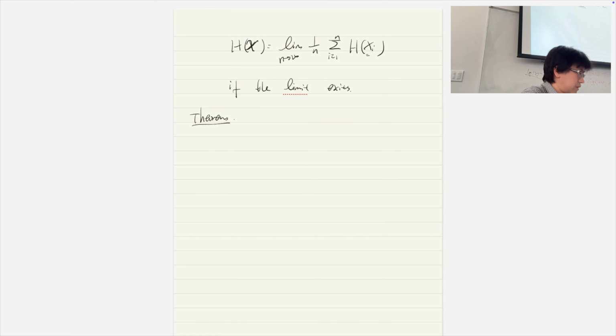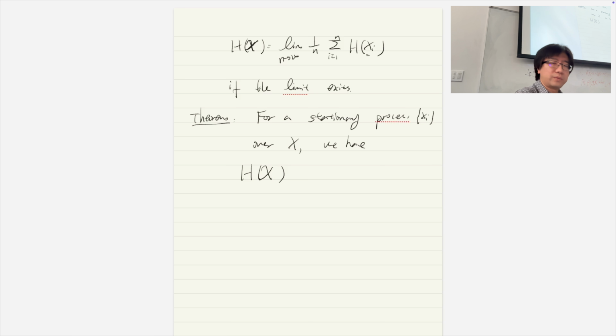So we have a theorem here. For a stationary process Xi, it doesn't have to be Markov, you just want stationary here, the entropy rate H(X) is given by this.